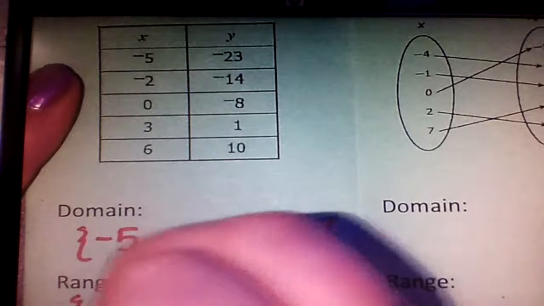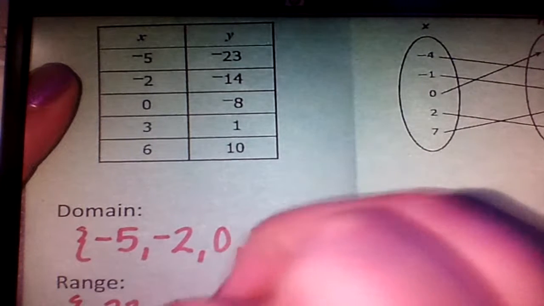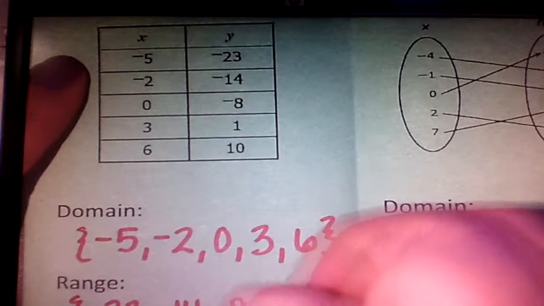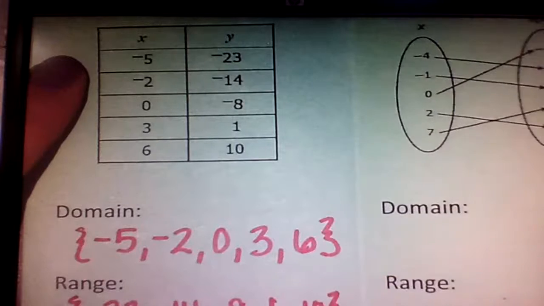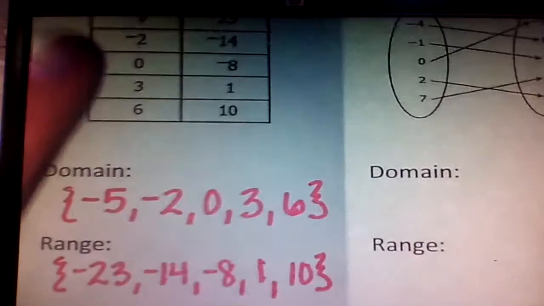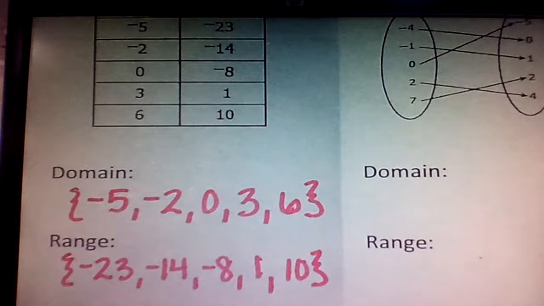So your range is -23, -14, -8, 1, and 10. The thing to remember with discrete functions, if I use the same number twice in my X's, I only have to list it once for my domain. I don't have to list it a second time.